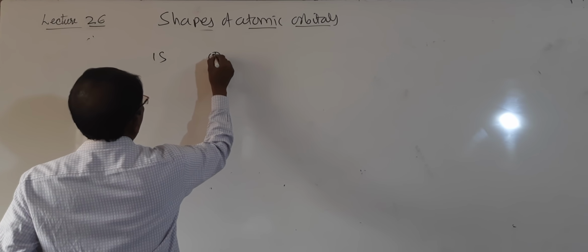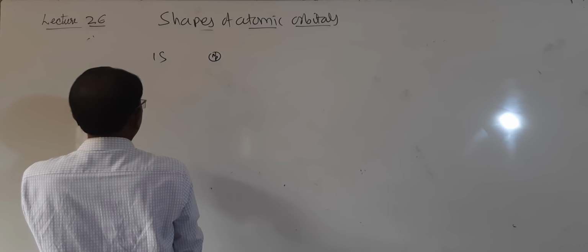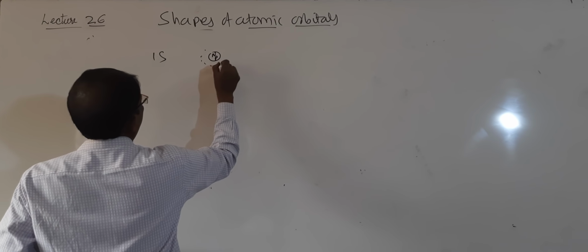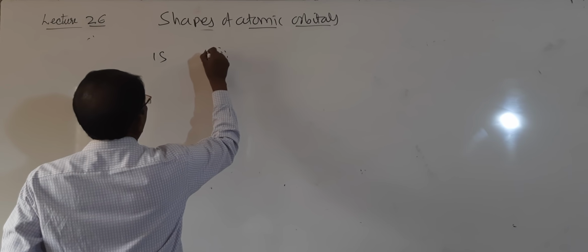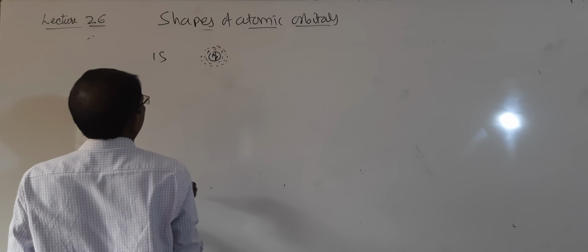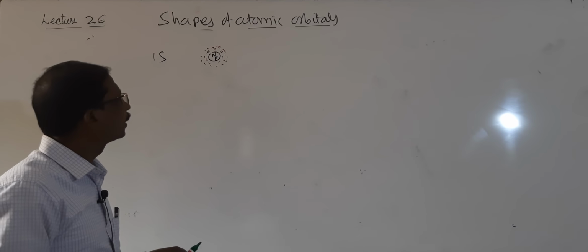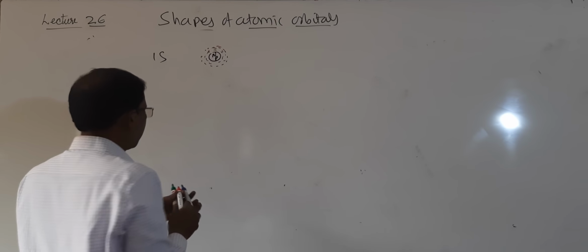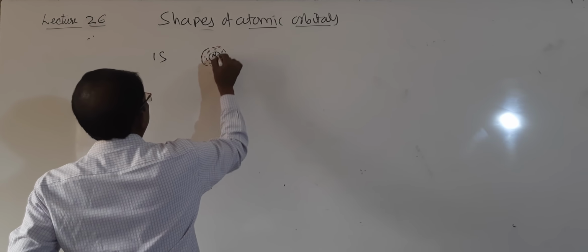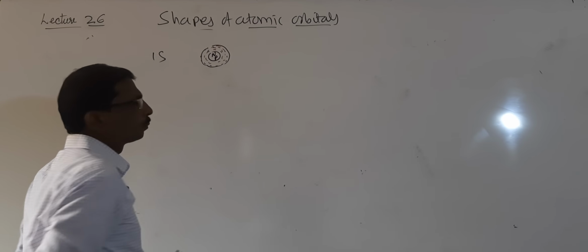Look here, this is the 1s orbital. Here the probability of finding an electron is maximum.